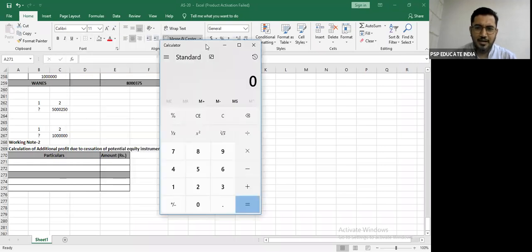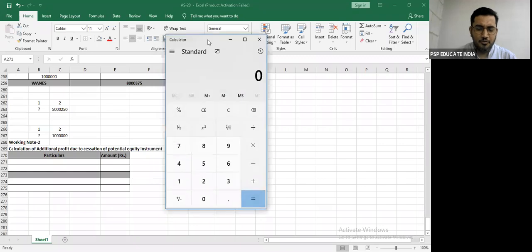Let's first calculate that. In the question they have given you 1 lakh number of debentures. What is the value of one debenture? 100. So what's my debenture capital? 100 lakhs. On this you have how much interest? 12%, which comes to 12 lakhs.